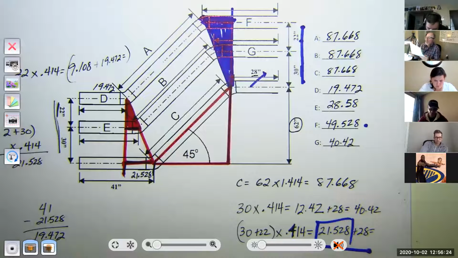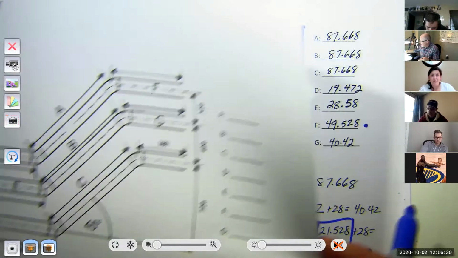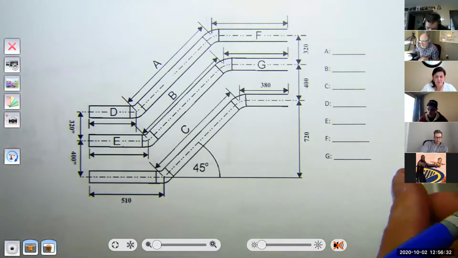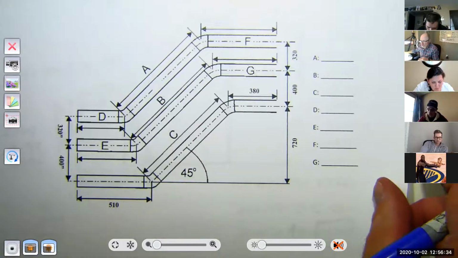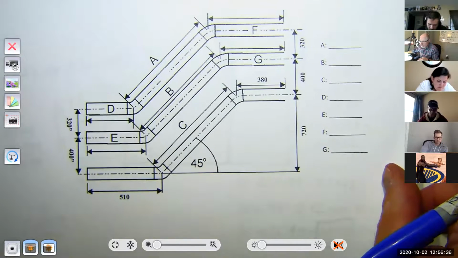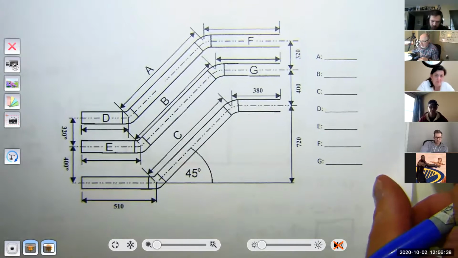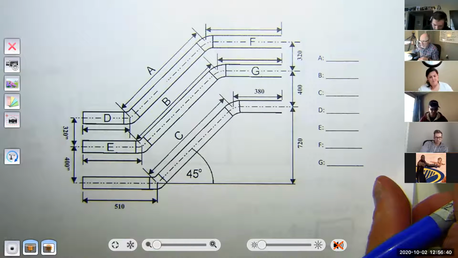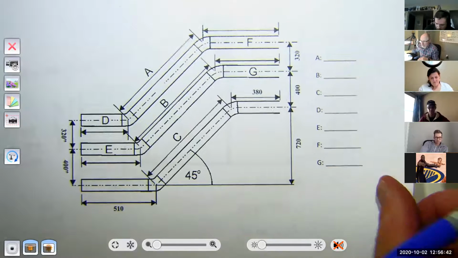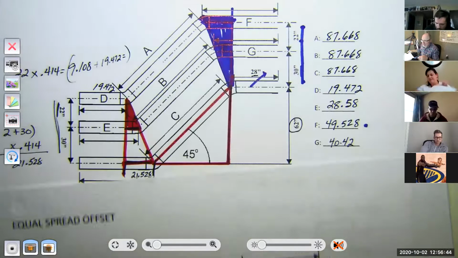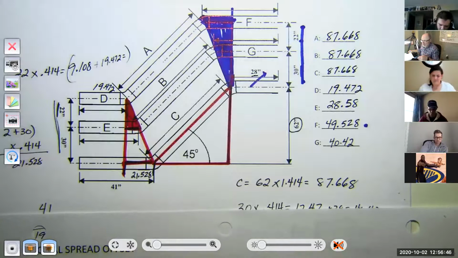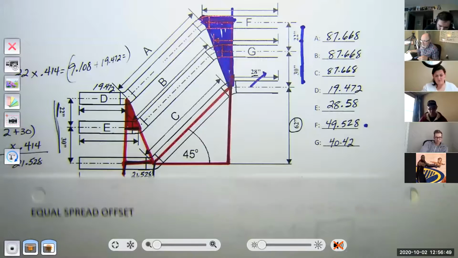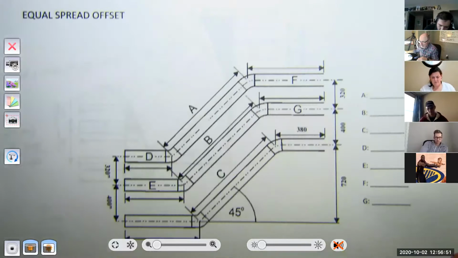Now, as you know what's coming, here is the next one. The next one on the page that I want you to do yourself and see how you do with this one. So just use the same process as we did. Same process, just different numbers.